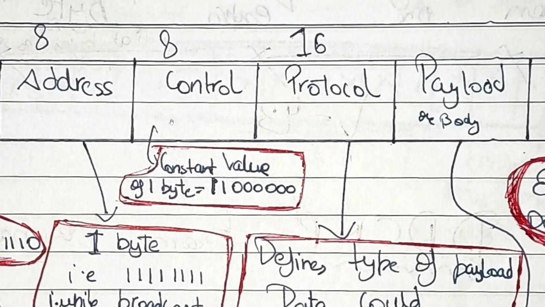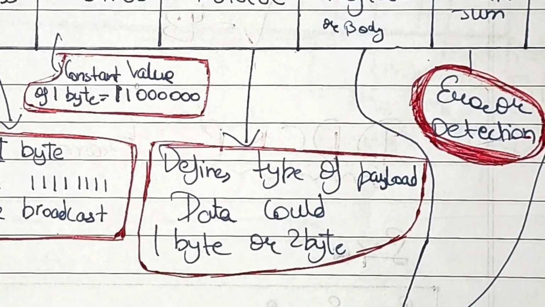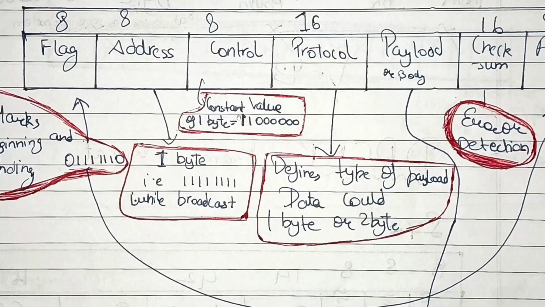This is of 8 bits, and this will be having a constant value of 11000000, that is 2 ones and afterwards all zeros. So this was control having a constant value of 1 byte.